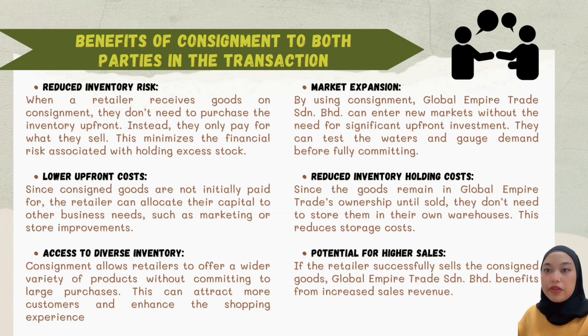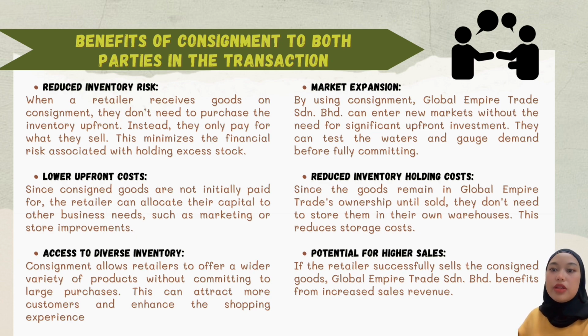The first benefit is reduced inventory risk. When a retailer receives goods on consignment, they don't need to purchase the inventory upfront. Instead, they only pay for what they sell. This can minimize the financial risk associated with holding excess stock.